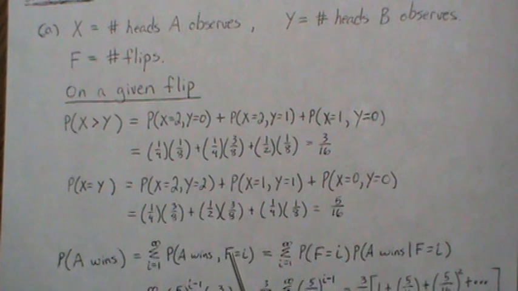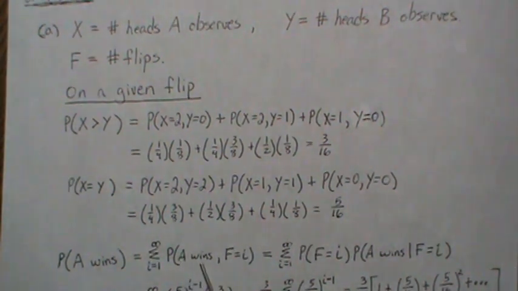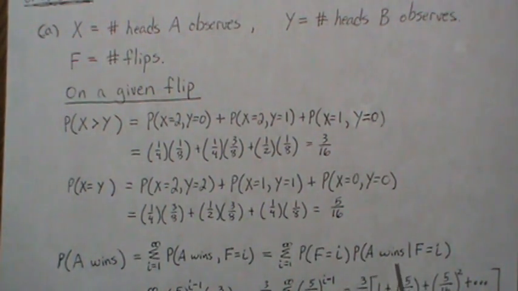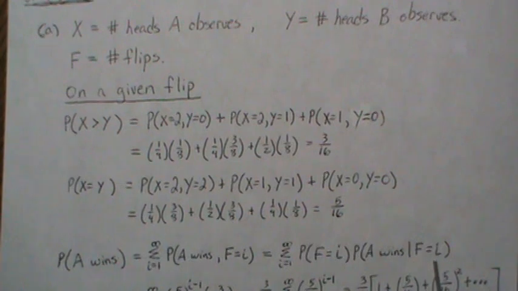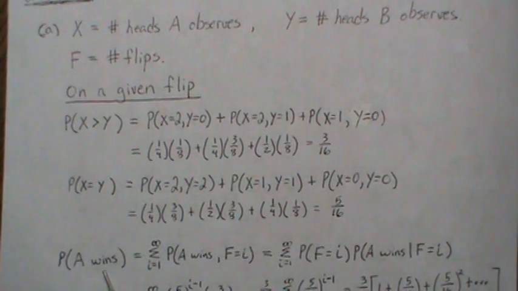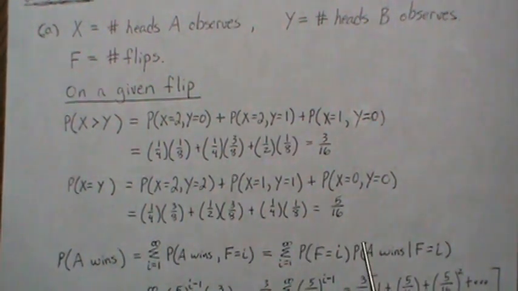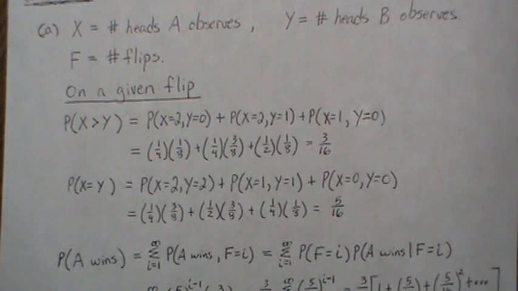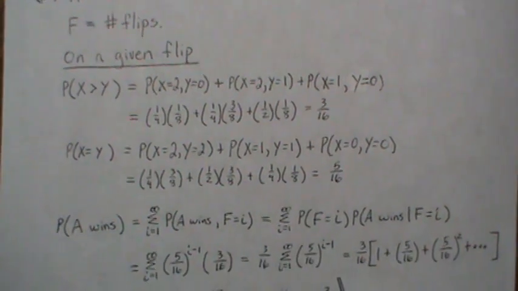But this is an intersection, the probability A wins and flip equals i. And that intersection can be written like this: a conditional probability, the probability that flip equals i, times the probability that A wins given flip equals i. Now, a lot of people go from here to here, but I just think it's cleaner and more clear when each step is provided.